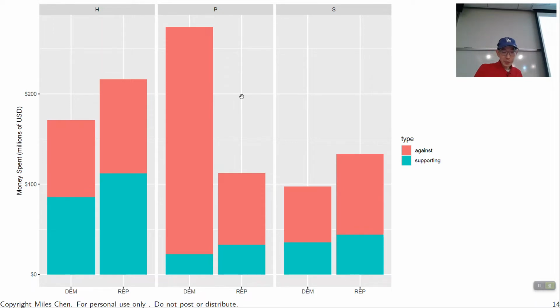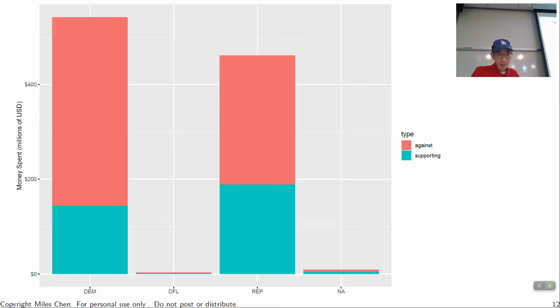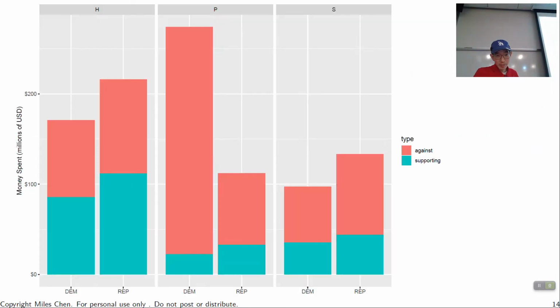All right, and so what do we reveal here, right? So looking back at this, we see lots of money against Democrats versus Republicans here. But if we look at this, we notice that money against Democrats, a lot of it is based solely around the president, right?